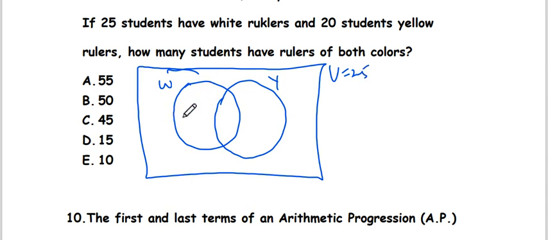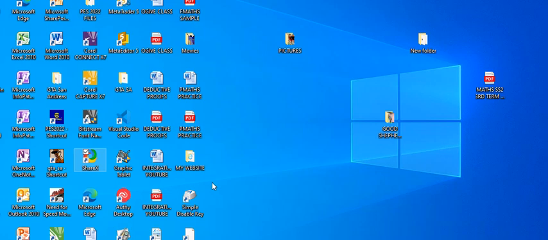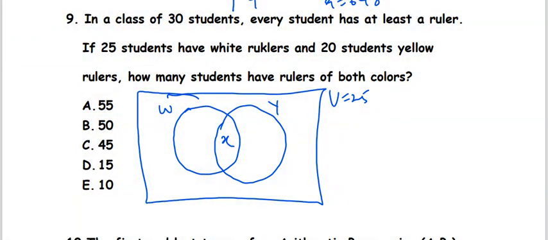Now the number of students that have both we are not given, so let's call this X. There are 30 students.